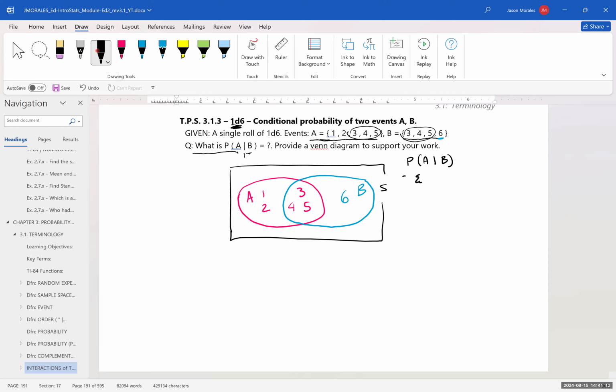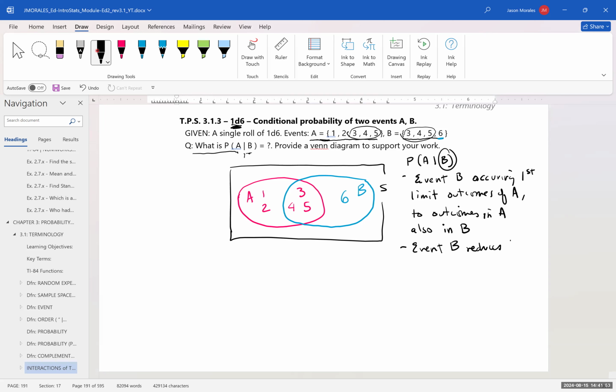So we're trying to calculate the probability of A given that B occurs first. And so what that means is that with event B occurring first, that's going to limit the outcomes of event A to outcomes in A, also in B. And because B occurs first, event B reduces the sample space down to B itself.